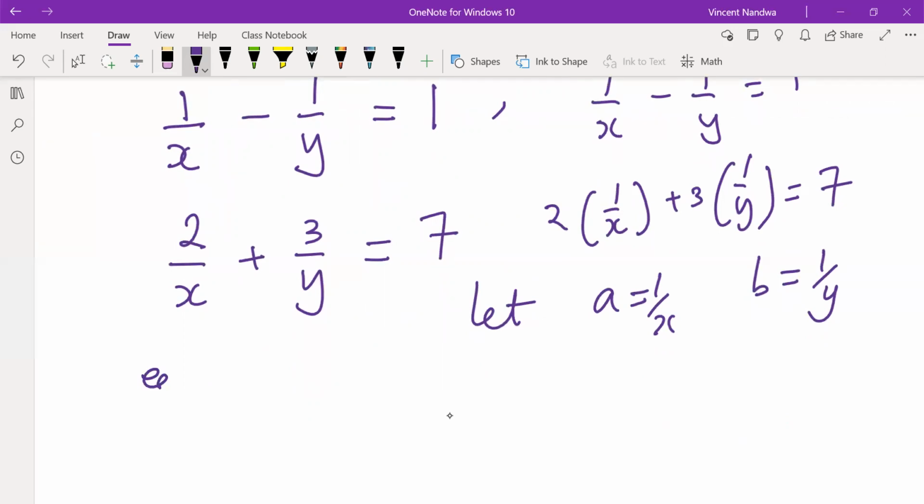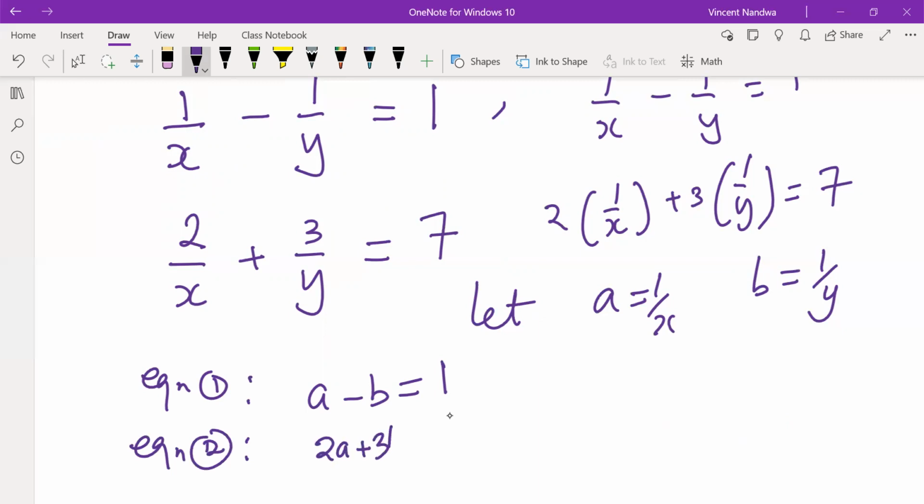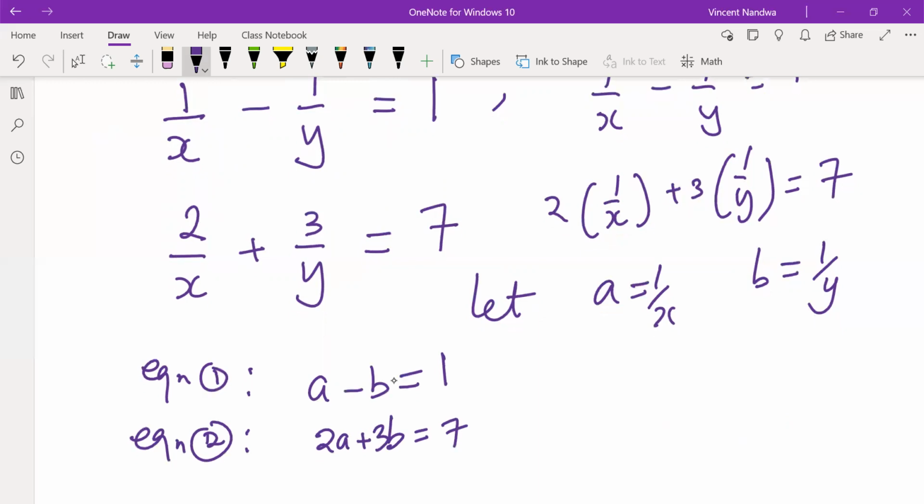So that equation 1 will be A minus B equals 1, and equation 2 will be 2A plus 3B equals 7. Now you see these ones are easier to solve.